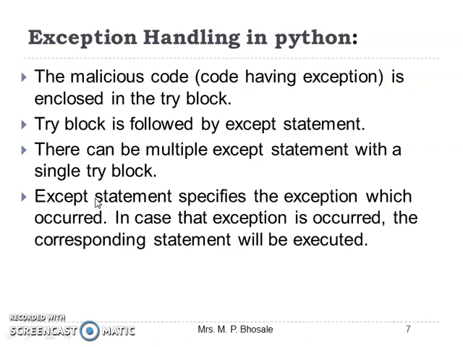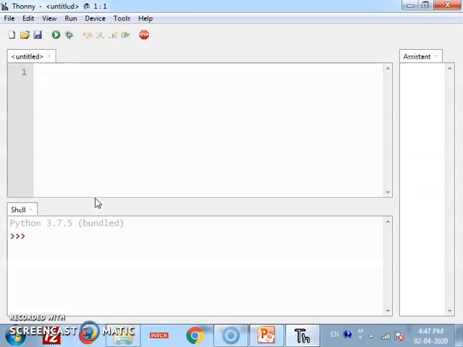We'll take the example of a first simple try and except, and then we'll go for one try and multiple except statements. Our first example is to input two numbers from the user and then we will handle the exception. So let us start: suppose number1 is equal to input, enter first number.